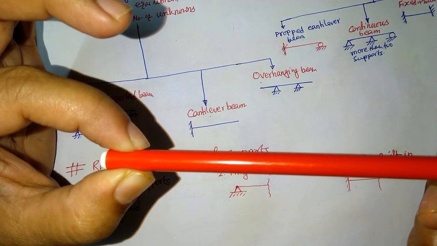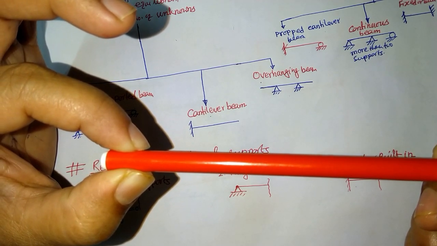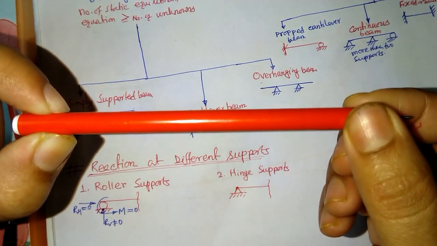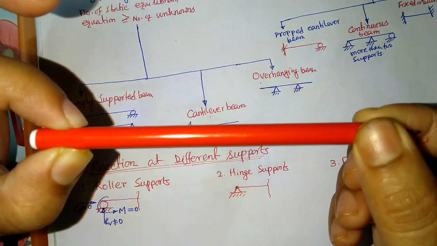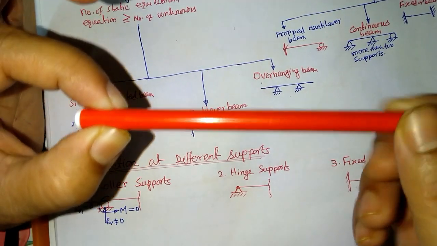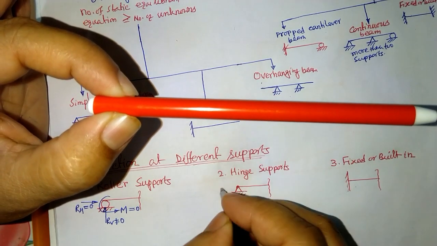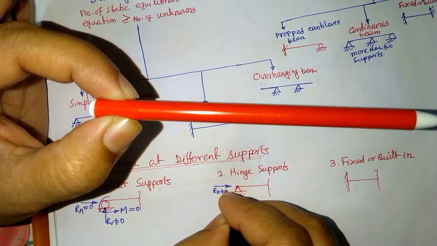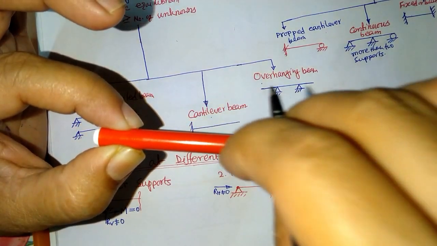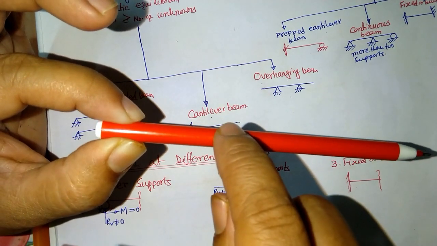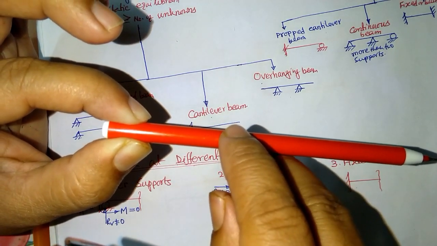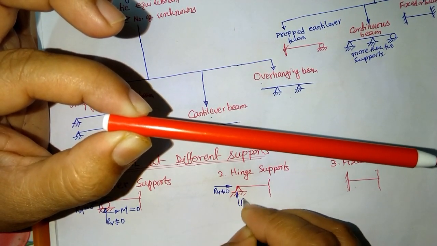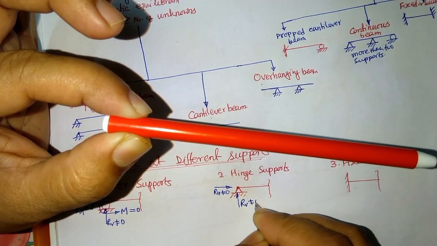According to Newton's third law, every action has an equal and opposite reaction, so if we apply force on this side, it will give reaction on this side. So we get a horizontal reaction, and horizontal reaction is not equal to 0. Similarly, if I apply a vertical load, it also resists, so the vertical reaction RV is also not equal to 0.